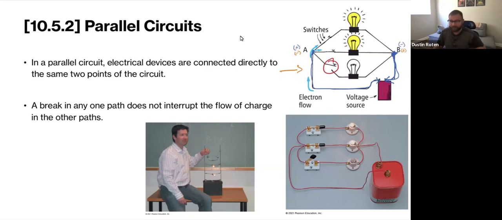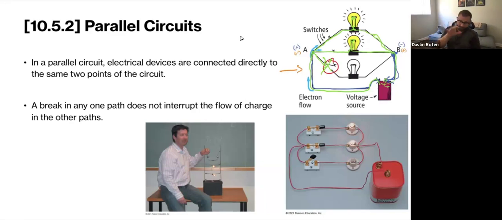And that is essentially because if we trace the path of our current here, I'll do it in green. We trace the path of our current, even though it can't go through this switch, it has other options. The electrons can't flow this way, so they're going to flow and complete the loops that they can. The complete circuits are going to flow that way. So even though one of these loops is broken, there's still two other viable paths, and the electrons are going to follow those paths.